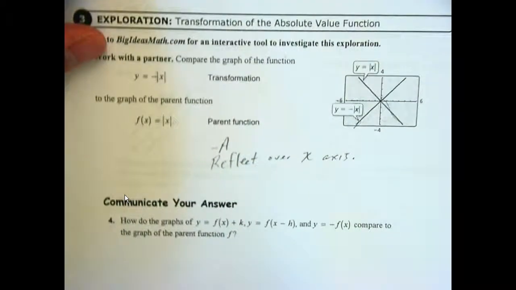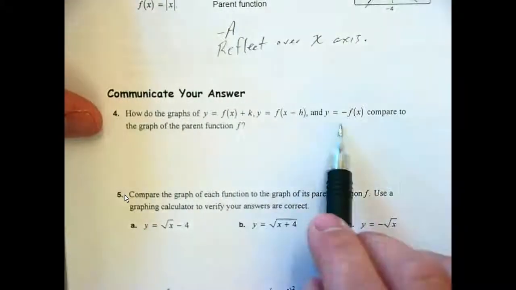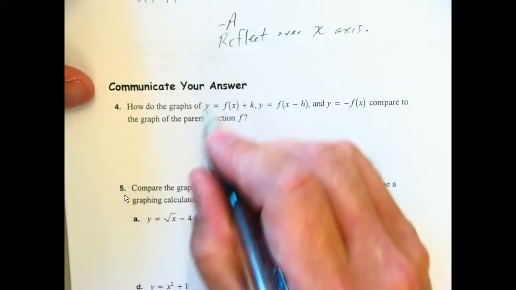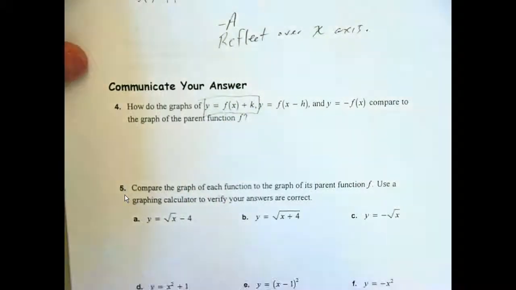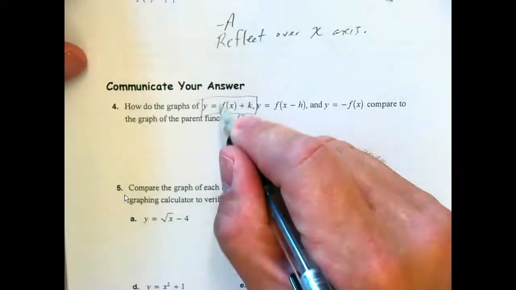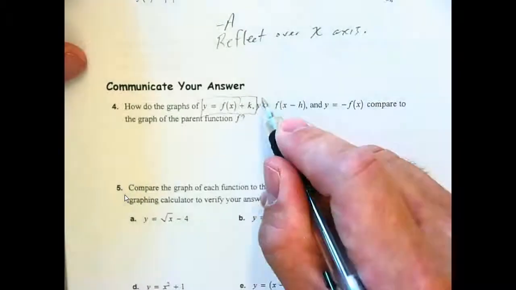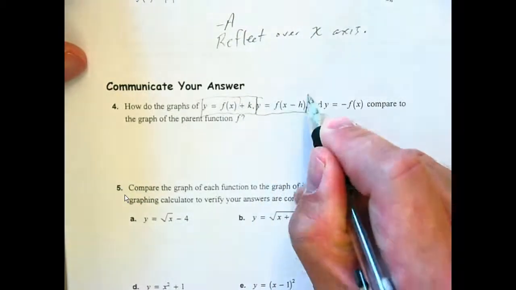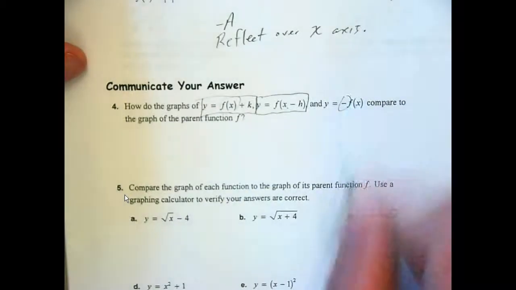All right. So, how do these graphs compare? Well, notice what they're doing here. They're using function notation now. They're saying y equals f of x plus k. F of x stands for whatever our function is. So you're going to see that a lot today. And notice here they've put the h in with the f of x, with the x there. And here you got the negative f of x.